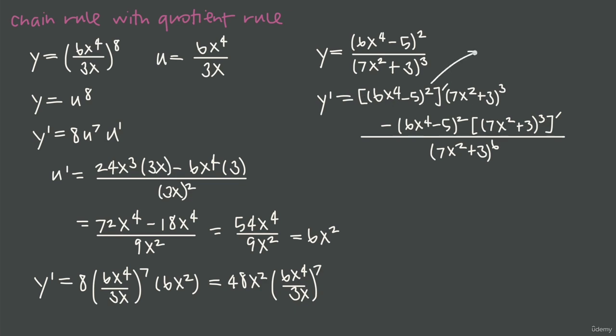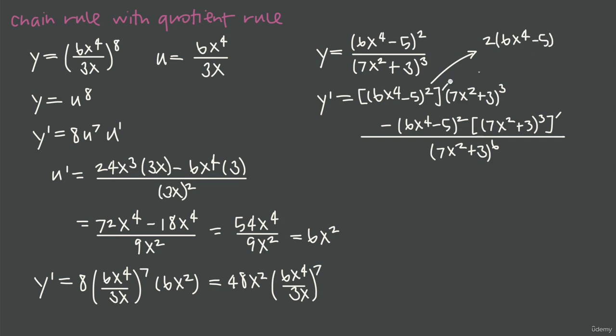So if we bring this up here, the derivative we can find by using power rule with chain rule. We bring the 2 down in front and subtract 1 from the exponent. That's the derivative of sort of the outside part of the function. So we get 2 times, we'll leave the inside function untouched, so 6x^4 - 5. 2 minus 1 gives us 1, so our new exponent here is 1.